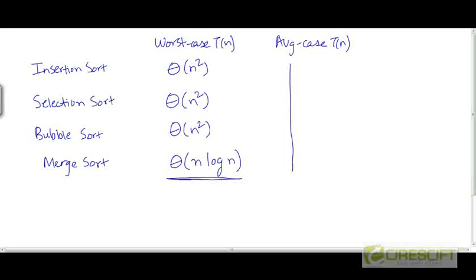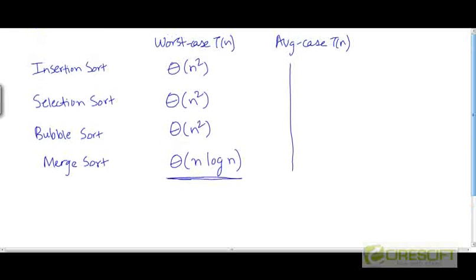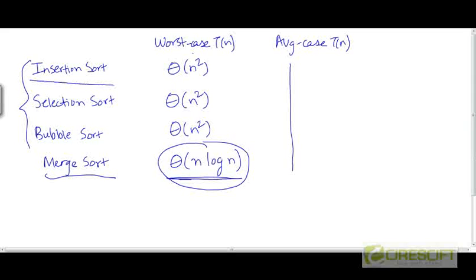Now, one thing I want to add here is that even though merge sort has a better asymptotic time complexity compared to these three algorithms, it is possible that for small input sizes, merge sort may actually run slower than, say, insertion sort, which is typically fast for small inputs.